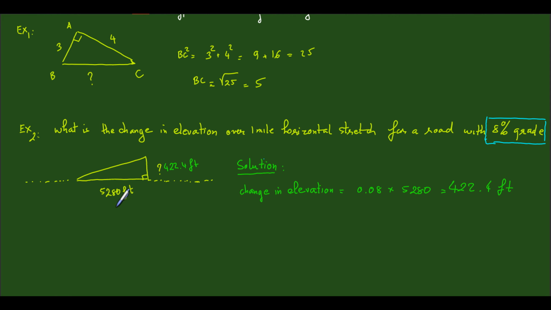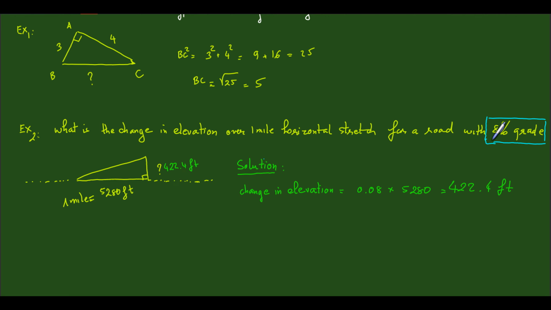You can keep it as 1 mile, but in this case I changed it. 1 mile is equal to 5,280 feet.